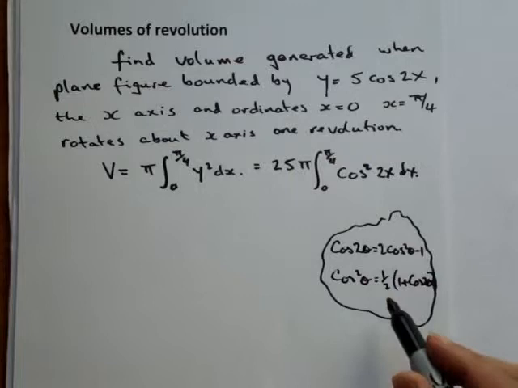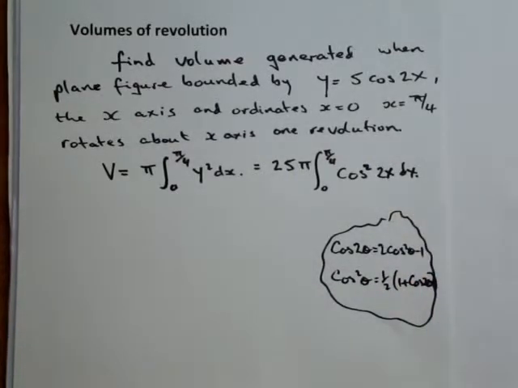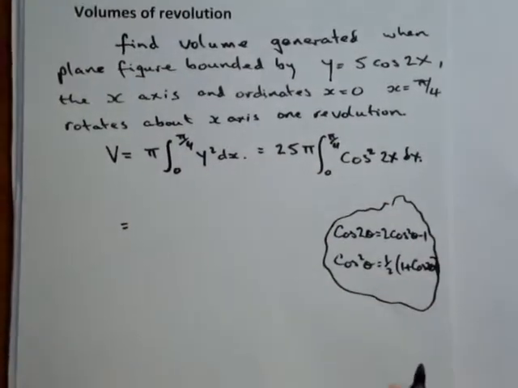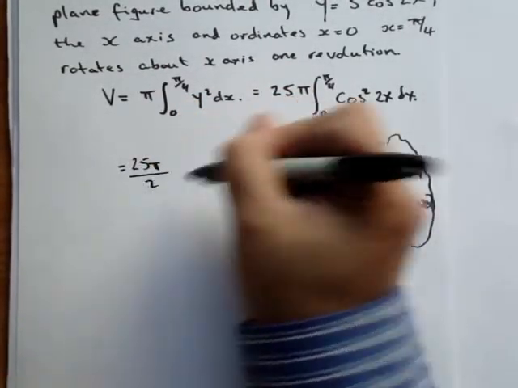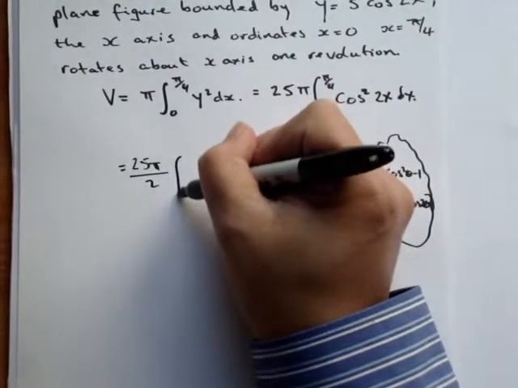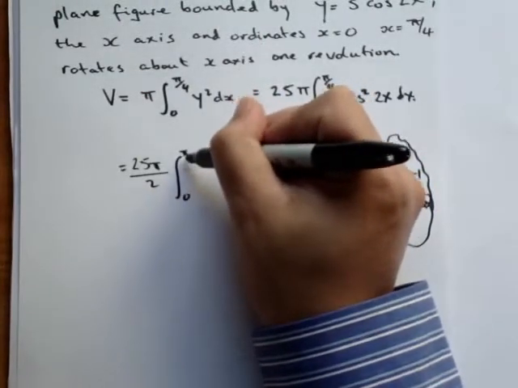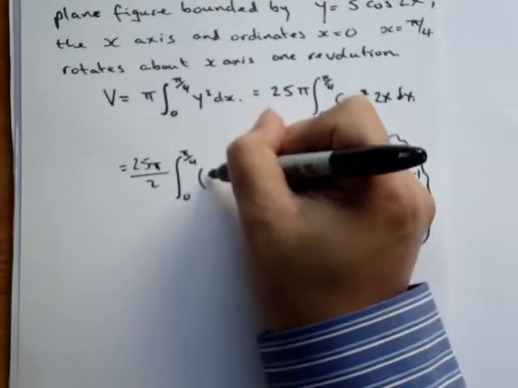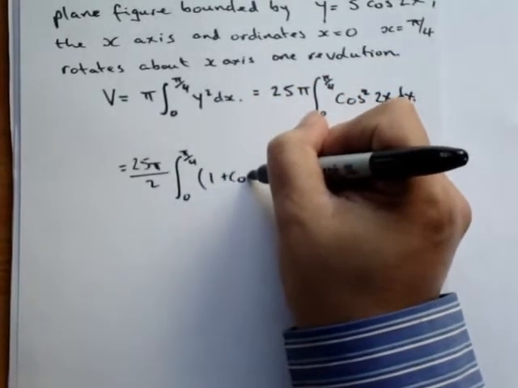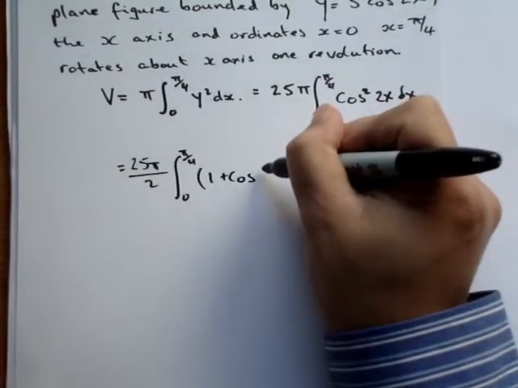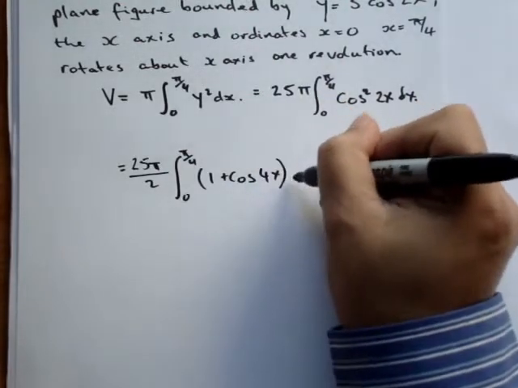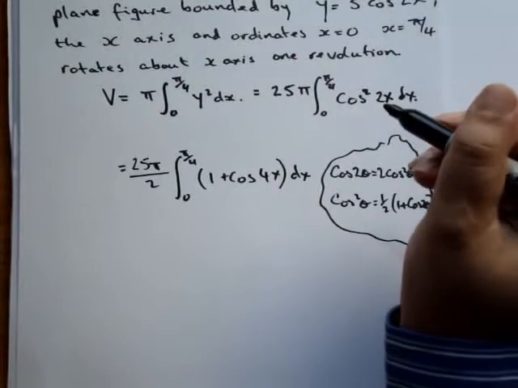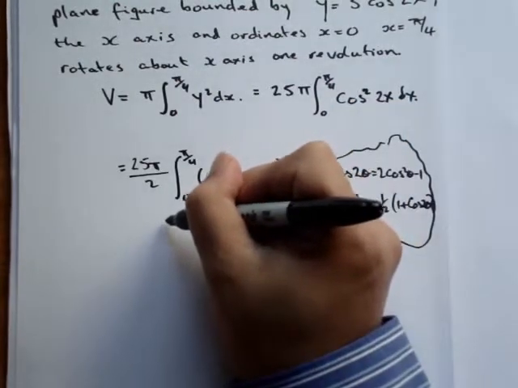Okay, so we're going to use this and substitute into there. So that becomes 25 pi over 2, definite integral between 0 and pi over 4, of 1 plus cos, now that was 2 theta, so we want 4x instead of 2x, dx.